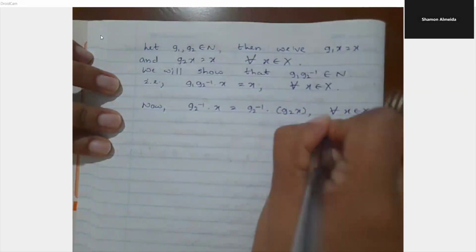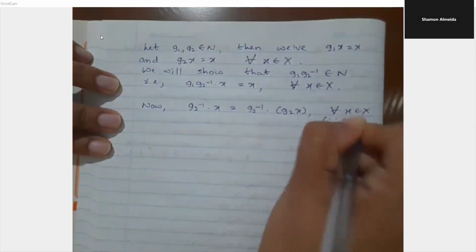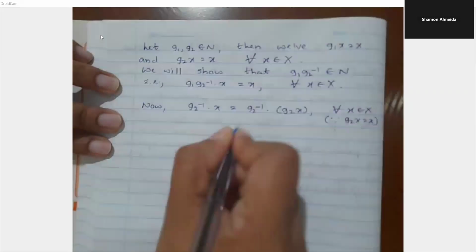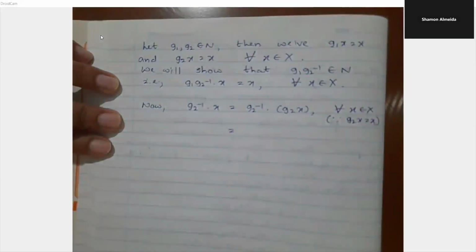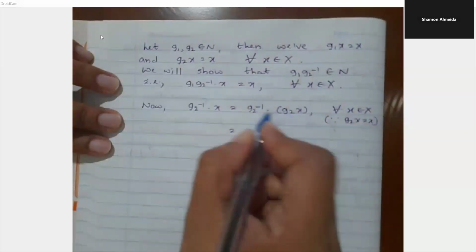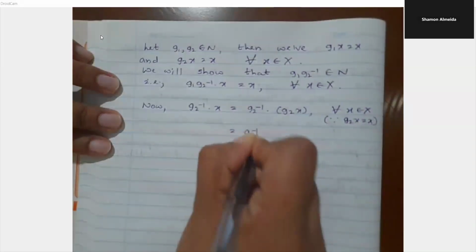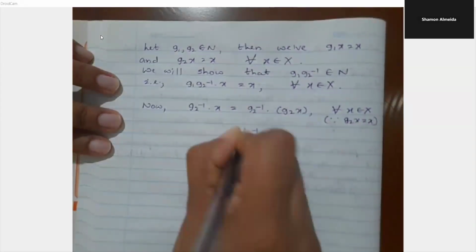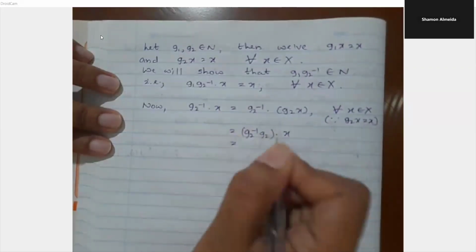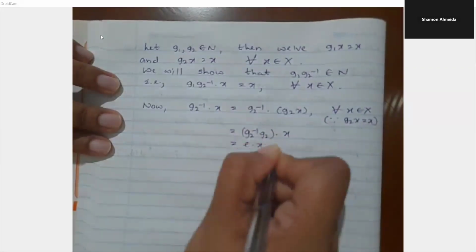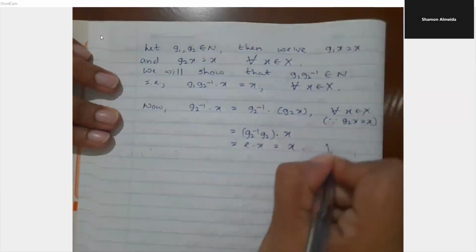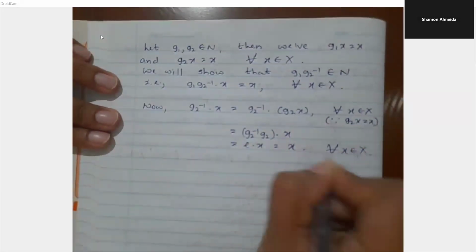This is equal to, using the second property of group actions, G2 inverse G2 dot X. G2 inverse G2 is simply the identity. Identity times X is equal to X. This is true for all X that you take from the set.